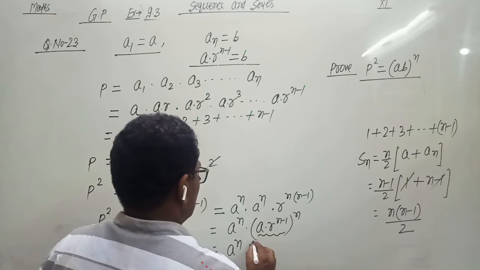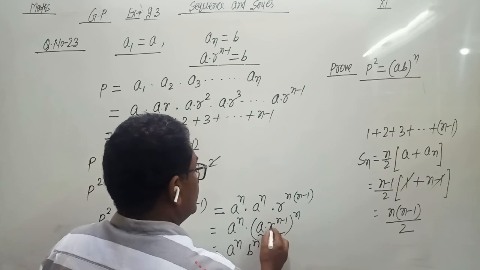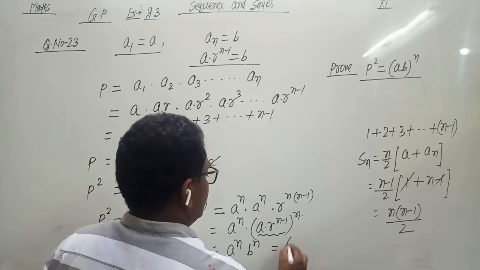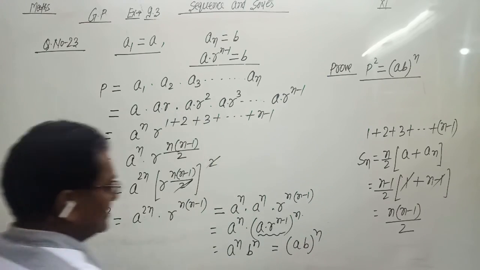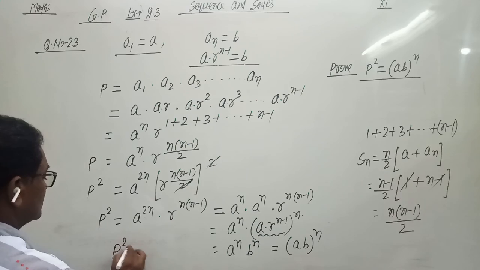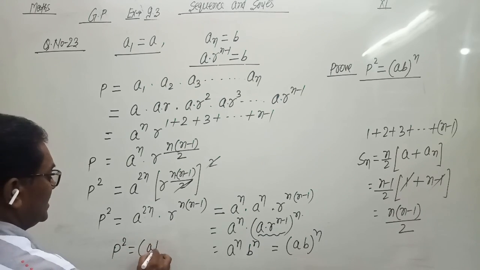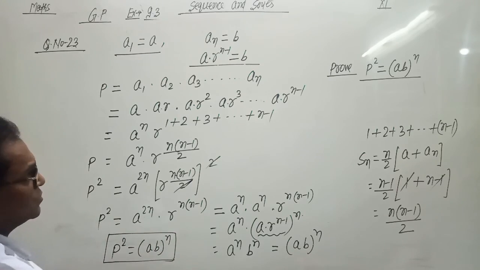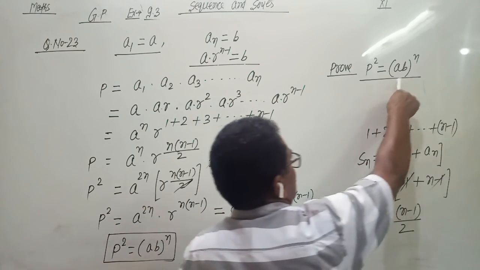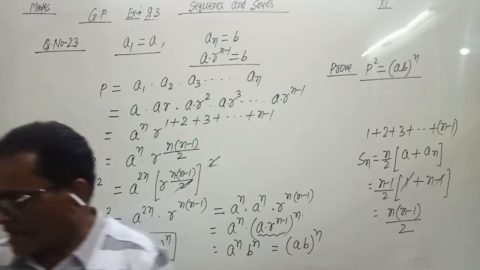So a raised to the power n and b raised to the power n, which is written as (ab) raised to the power n. So we get the result that p square equals (a into b) whole raised to the power n. This we had to prove.